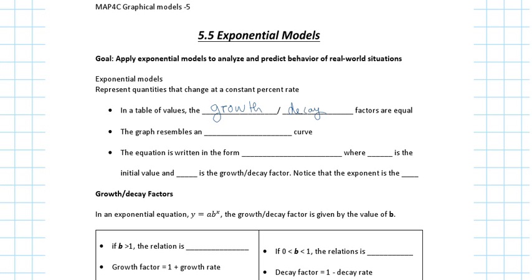So the growth or decay factors are equal. And then the graph represents an exponential curve. And remember, with an exponential curve, I have something that's almost flat on one side, and then it grows exponentially, or it decreases fast, it's a decay, and then you have a flat on the other side.